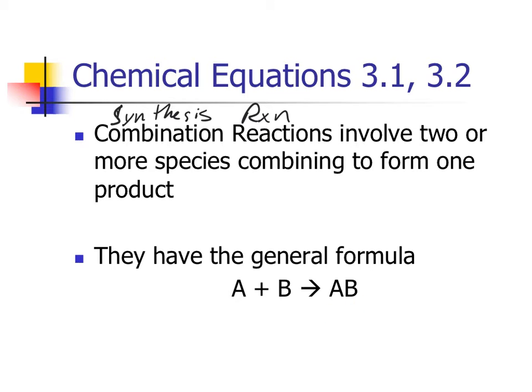Really what you're looking at is you have two things on the reactant side producing, making, synthesizing one thing, a new compound. Sometimes it can be an element and a compound making a new compound. It could be two elements making a new compound. But the big thing is that there's nothing else over on the product side. There's only one thing being produced in a synthesis reaction.